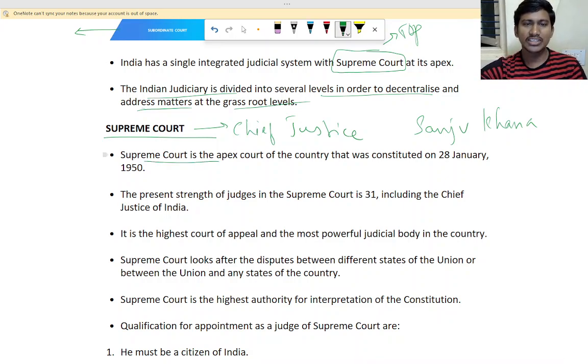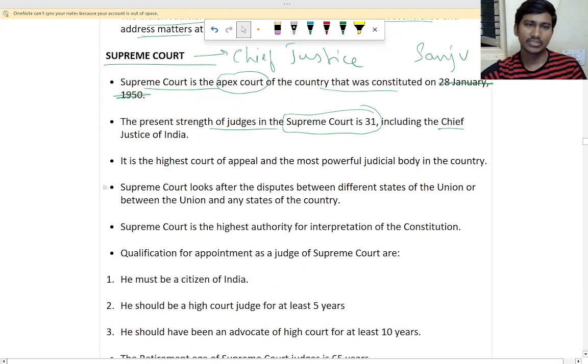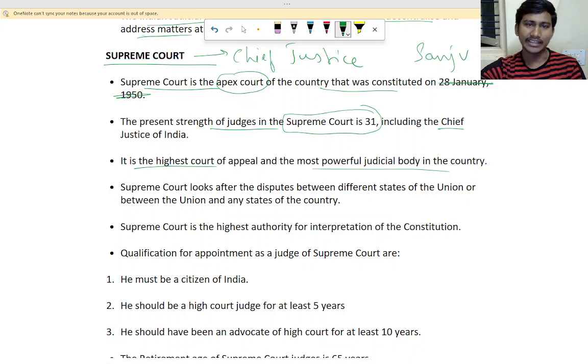The Supreme Court is the apex, meaning the top court in the country. You don't need to remember this. The present strength of judges in the Supreme Court is 31, including the Chief Justice of India. It is the highest court of appeal and the most powerful judiciary body in the country.